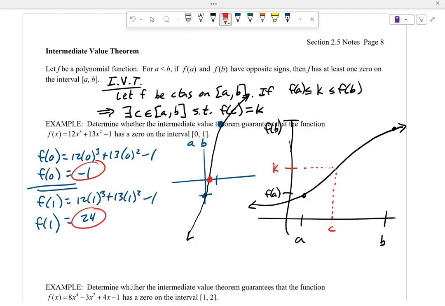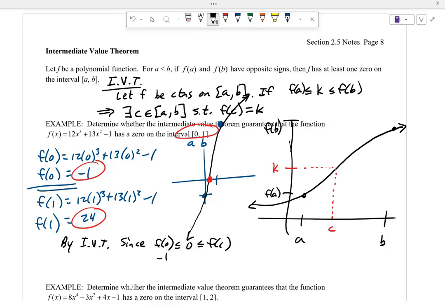So we say, does it have a zero? Yes. So by the intermediate value theorem, since 0 is between f of 0 and f of 1, I'm going from a negative to a positive.